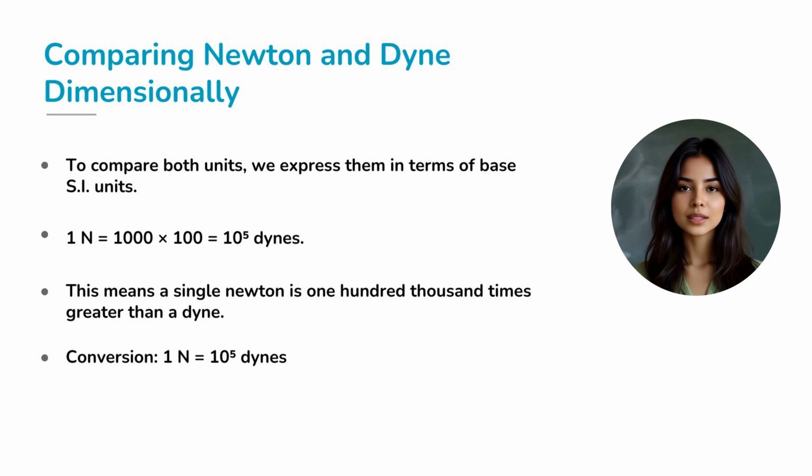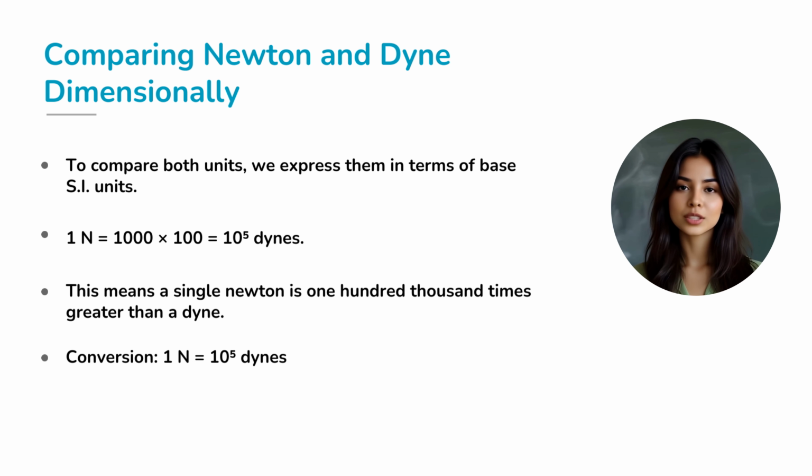Now let's compare these two units, the Newton and the dyne, and see how they relate. We know that 1 kilogram is equal to 1000 grams and 1 meter is equal to 100 centimeters. So if we multiply 1000 grams by 100 centimeters per second squared, we get 100,000 dynes. That means 1 Newton is equal to 100,000 dynes.